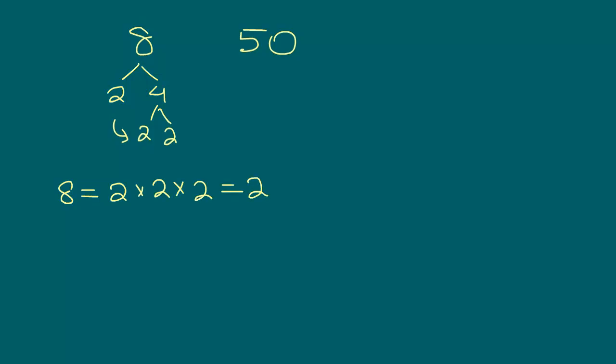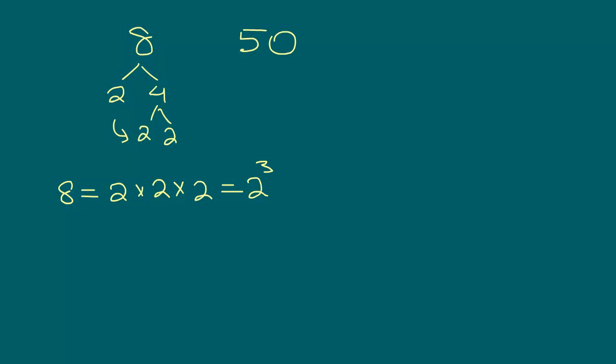The first thing we will do is prime factorization of each of these two numbers. We can write 8 as 2 times 4, and we can break down 4 as 2 times 2. So we can write 8 as 2 times 2 times 2, or simply 2 to the power 3.